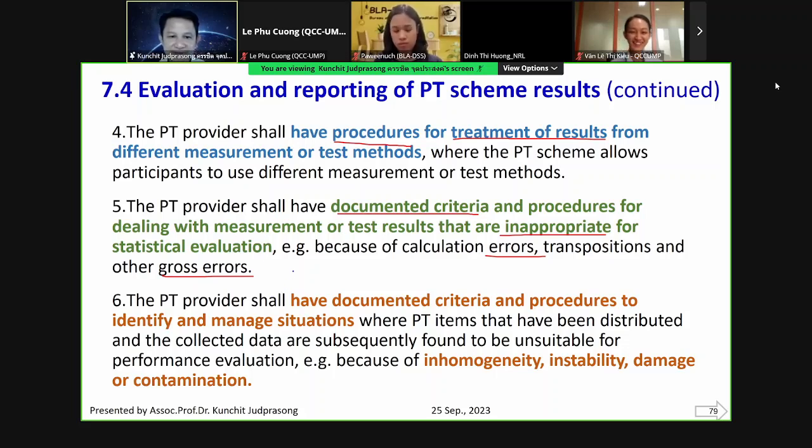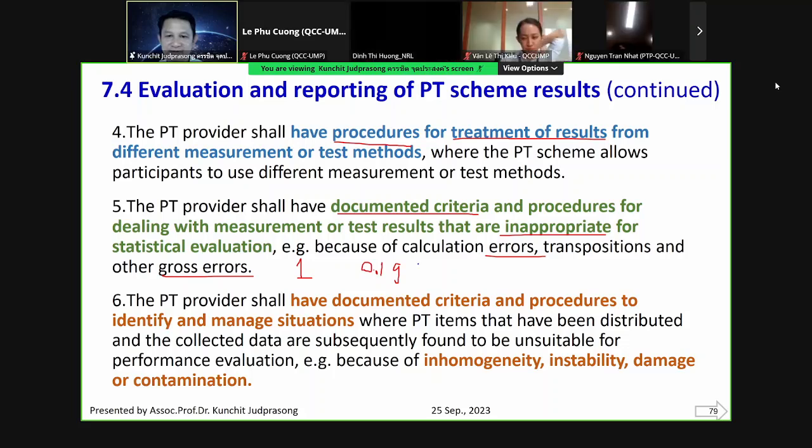Generally, the participants report 1 gram per 100 grams, but some lab reports only 0.1 gram. So it means something is wrong, like 10 times different from the group. Maybe from the dilution factor, maybe from a calculation error, or they may have put something wrong on the report, a long digit, something like that.